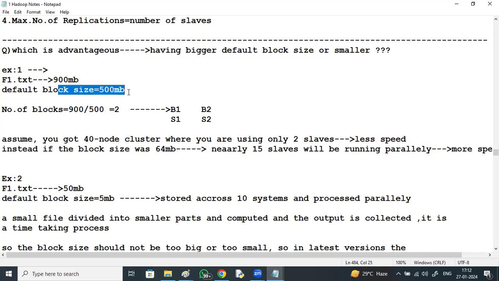If your default block size is 500 MB, this file is divided into 2 blocks. B1 stored in S1 of 500 MB, and S2 of 400 MB.